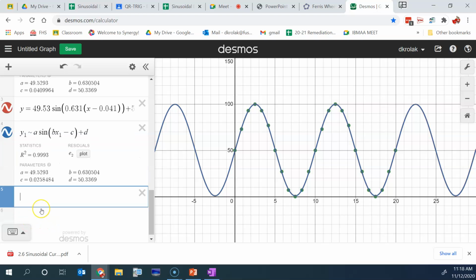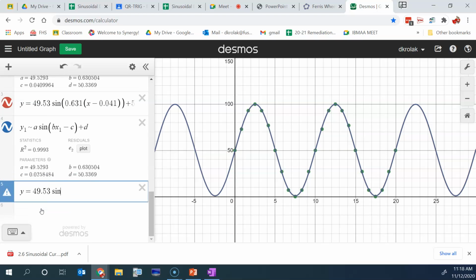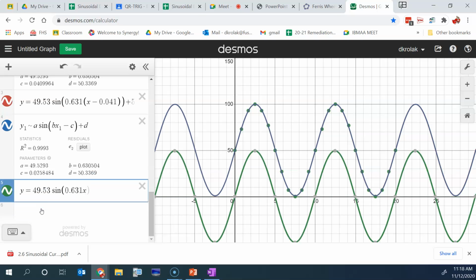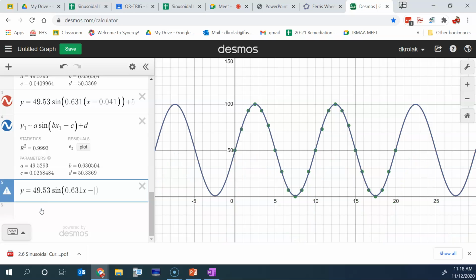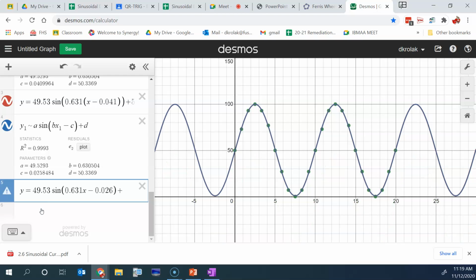So if I wrote out this equation now, y equals 49.53 sine, B is 0.631 x minus C 0.026, close the parentheses, plus 50.337.